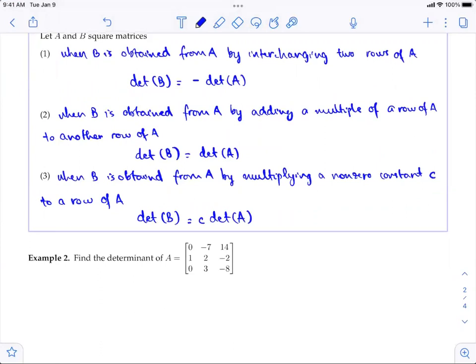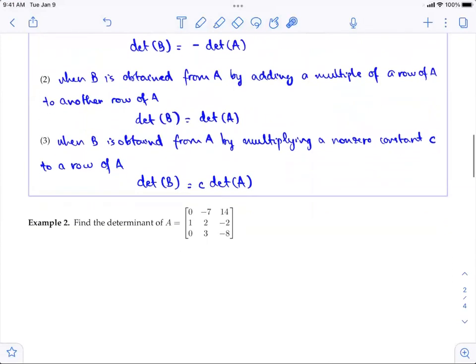So there are three cases for three different elementary row operations. So now let's find the determinant of the following matrix.